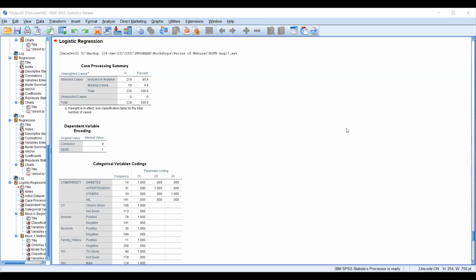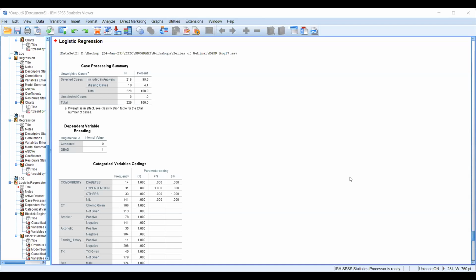Let's say for hypertension, that you have to decide. On that basis you can go, or you can change the reference category, depending on what you want to define.